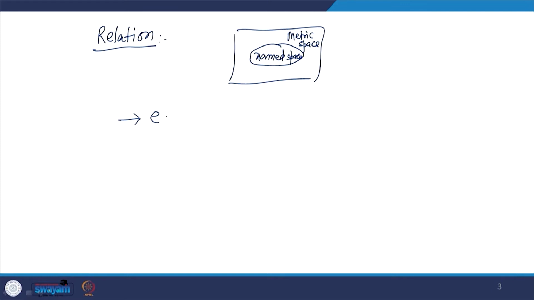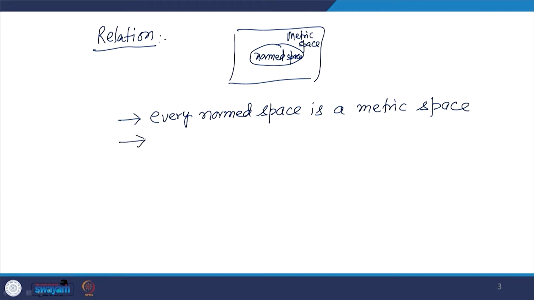Every norm space is a metric space. The converse is not always true.